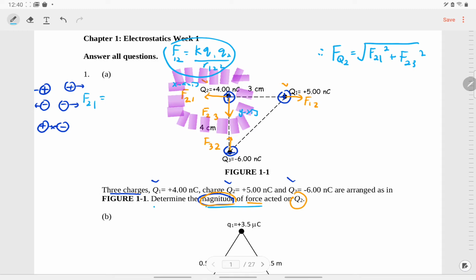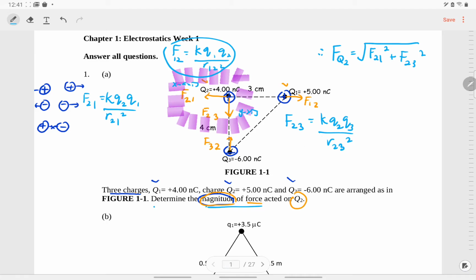So kalau kita tengah buat untuk F21, kita akan tulis macam ni, kQ2Q1 over R21 square. Kenapa kita tulis macam ni? Supaya dia lebih systematic dan supaya you tak salah substitute the value. Ni F21. Kalau F23, equation dia akan jadi kQ2Q3 over R23 square.